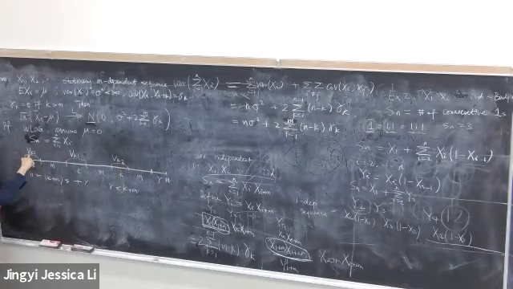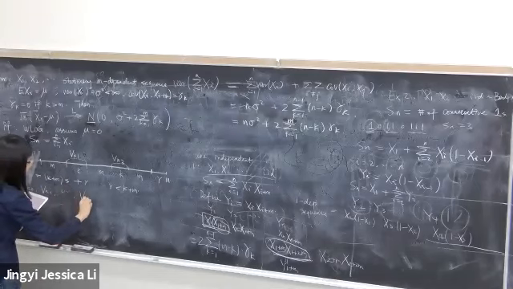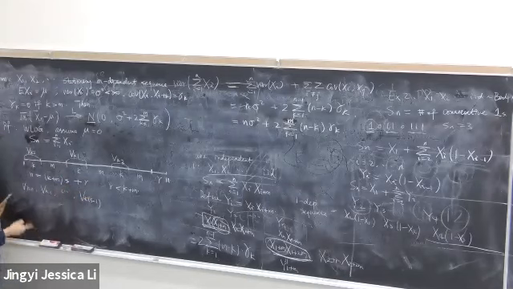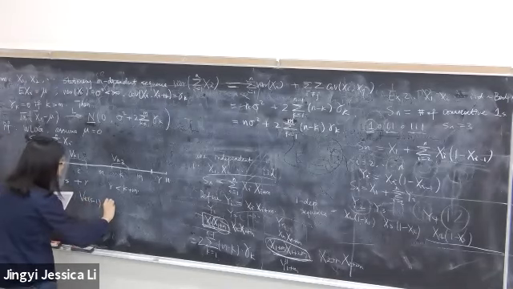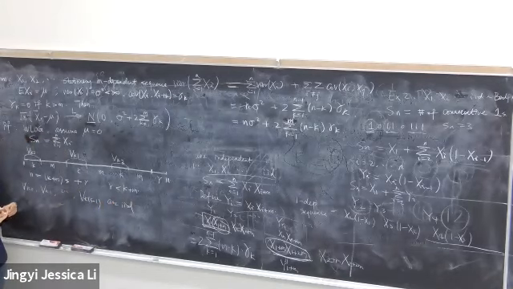So I have V_{K,0}, V_{K,1}, V_{K,2} until V_{K,S-1}, the last segment. These things are independent. Actually, IID, because they are summations of the same number of random variables, and the random variables are stationary, so they have the same distribution.